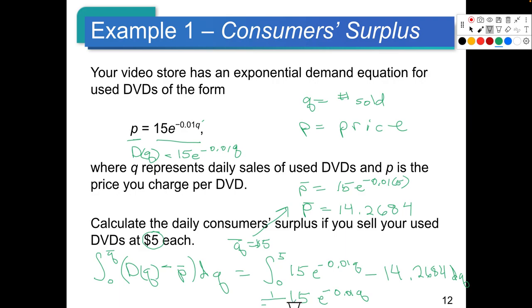That's just the rule. If it was a to the x, remember the shortcut rule, integrating a to the x gives us a to the x divided by a. In this case, 0.01 is acting like the a, so we divide by it.